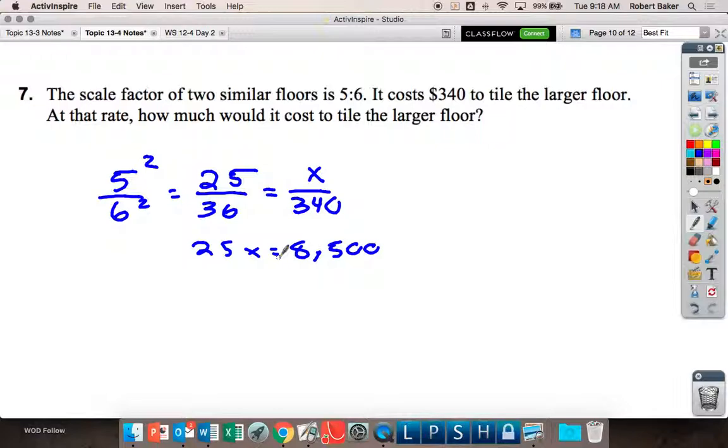Right? $236. So let's try that. 236 divided by 25 is $9.44 per square foot, and 340 divided by 36, $9.44 per square foot. So we're comparing the cost to cover an area, we have to square our formula.